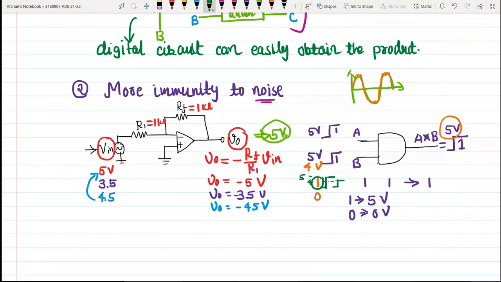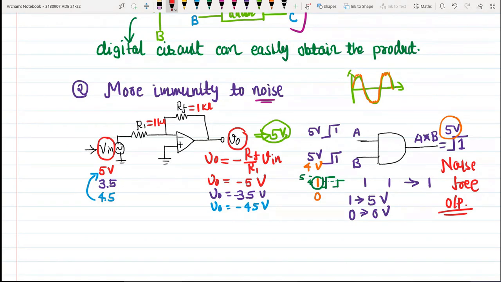So now see the difference. Our target output was 5 volt, but because of the noise at the input level, the analog circuit will give us the output of minus 4.5 volt, whereas the digital circuit will give us output of 5 volt, which is the noise free output, right? So here we are getting noise free output in case of digital circuit.